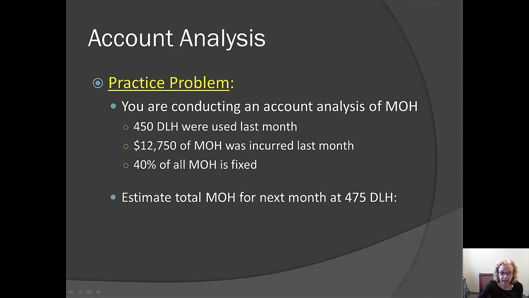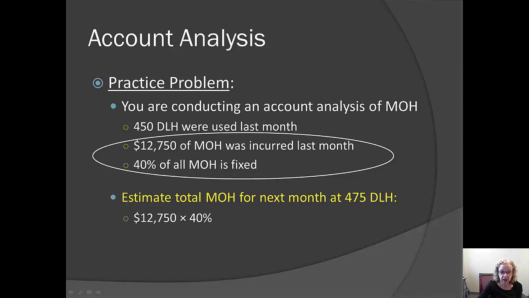Your job is to estimate the total overhead for the coming month if our expectations are that we will use 475 labor hours next month. Let's take a look at the solution.